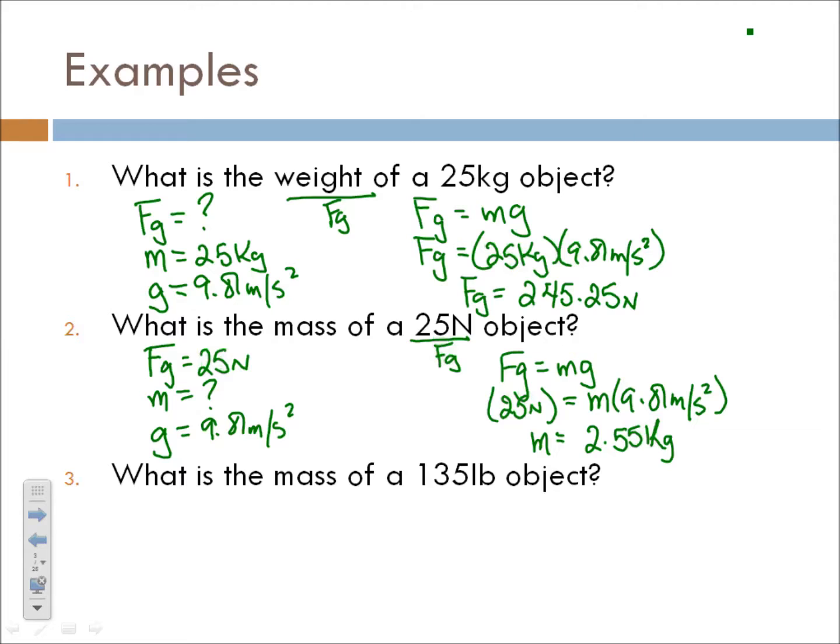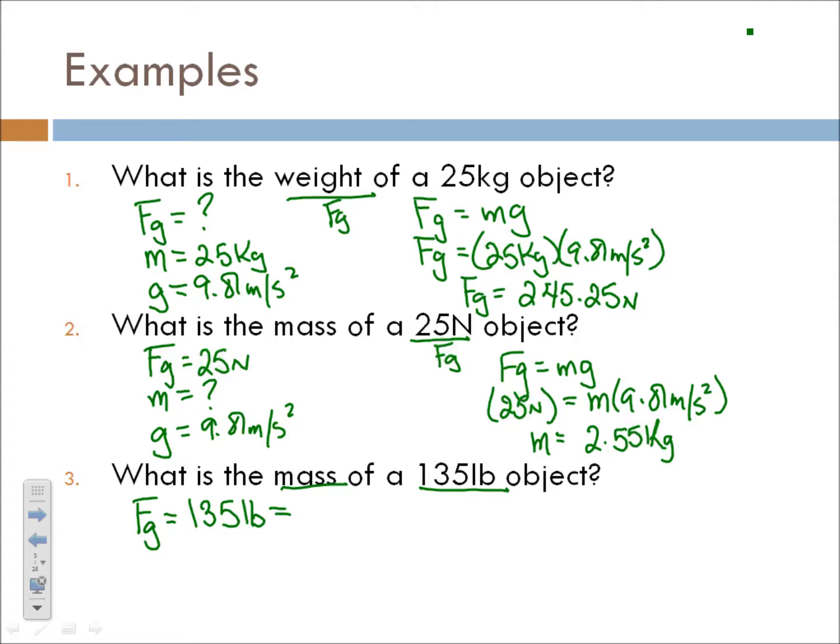Now, as I said before, we're used to measuring our weight in pounds instead of newtons. But since we're dealing with metric, we want to be in newtons. So 135 pounds is the weight of the object, the force of gravity acting on that object. But we can't use our other units here to solve for mass, so we need to switch this over to newtons.